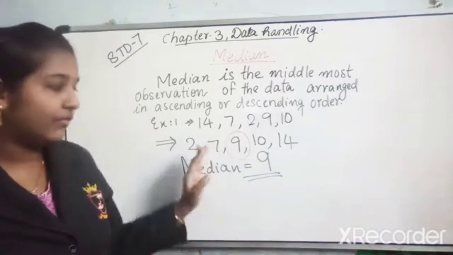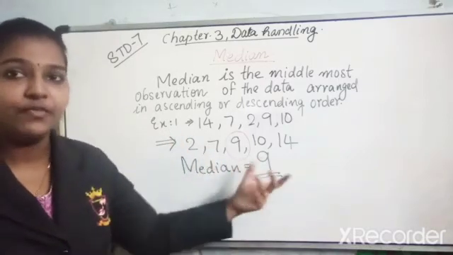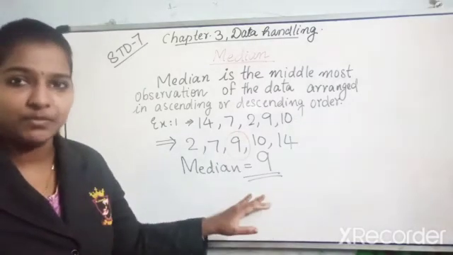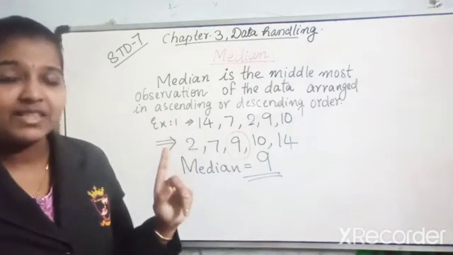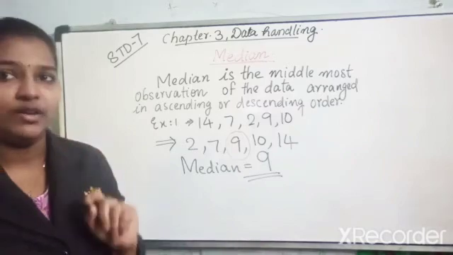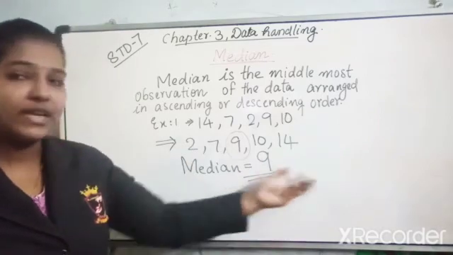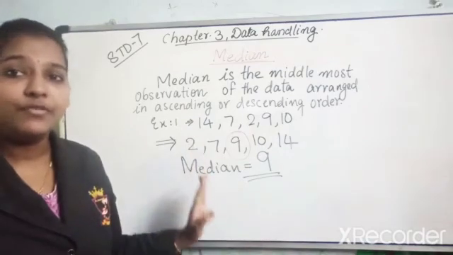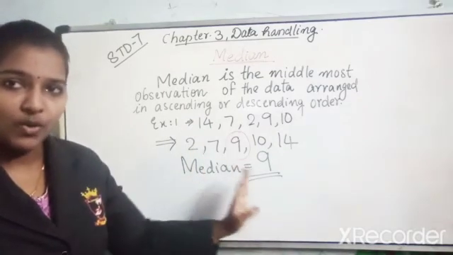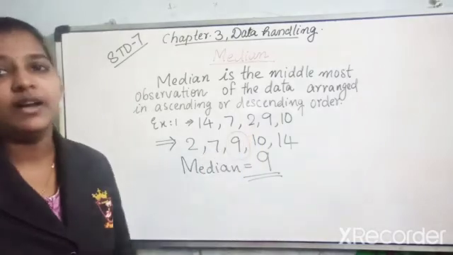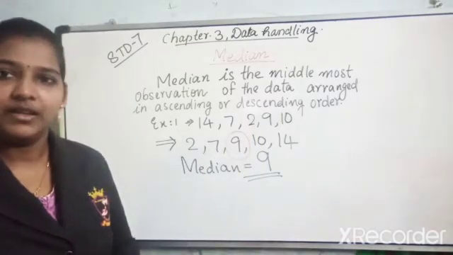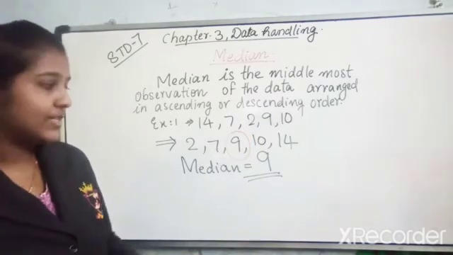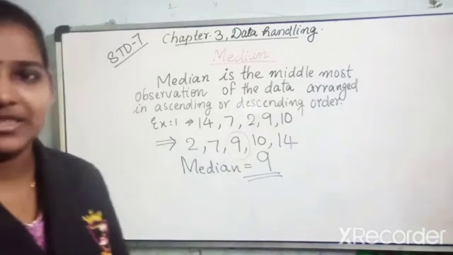And one more thing, when you are going to find the answer for these types of questions, you have to arrange the given observations in order. If you want, you can arrange it in ascending or descending order. First you arrange it in order, then only you find the median. Got it, children? Okay, so let's discuss one more example question.